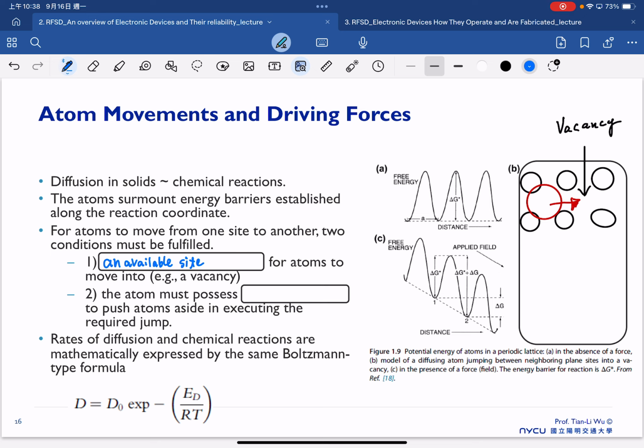For example, the vacancy is an available site here. And also, the atom must possess sufficient energy.